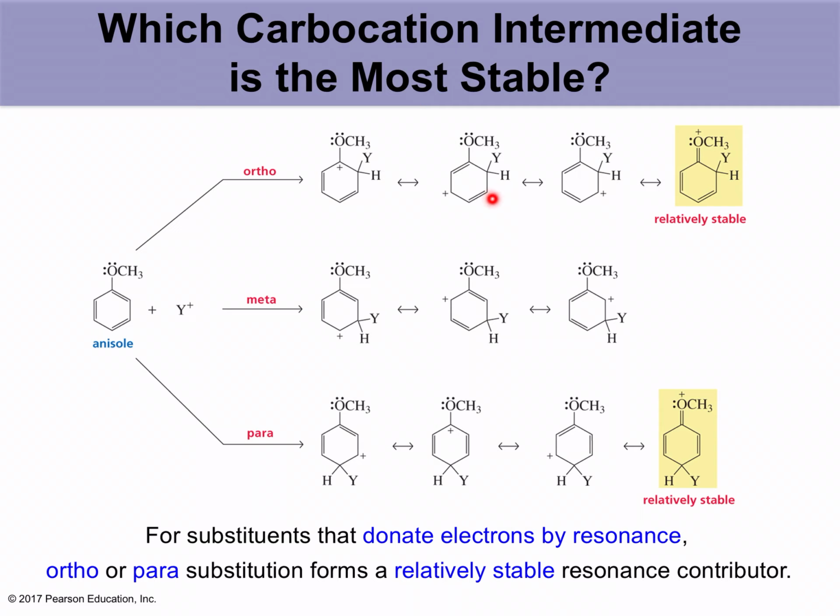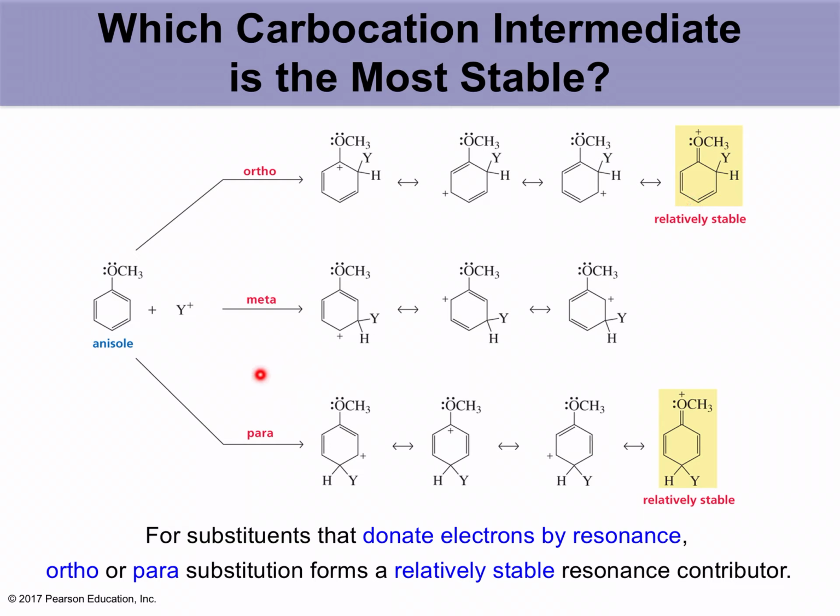Also, one more resonance structure that you can draw is when you have the positive charge right next to the oxygen, this lone pair can donate electrons to form a pi bond between this carbon and this oxygen, like this. And this is a relatively stable resonance structure. So when the electrophile attaches to the ortho position, there are 4 possible resonance structures. The more resonance structures a molecule can have, the more stable it is.